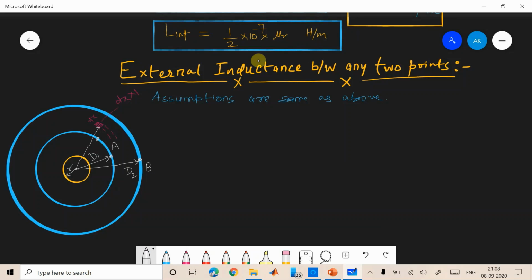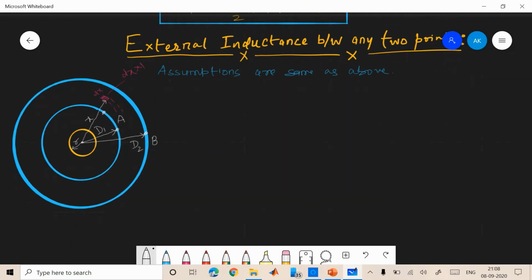Distance of this element dx from the center is x. Okay, so now we will write Hx.